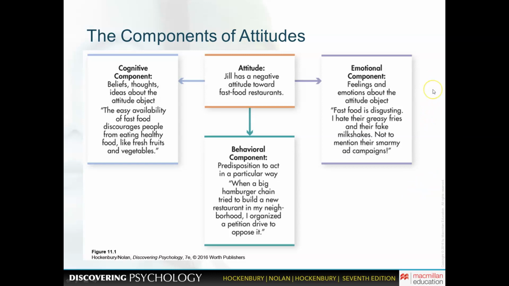Okay, and the final component is the emotional component. So basically how we feel about an attitude, and so a good example here is like this person is saying fast food is disgusting. I hate their greasy fries and their fake milkshakes.